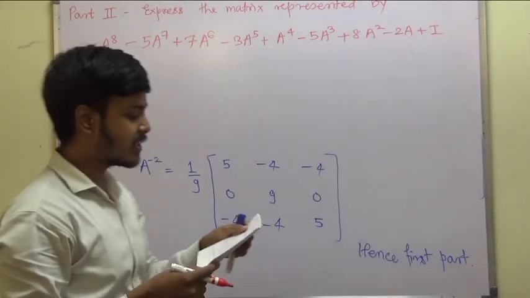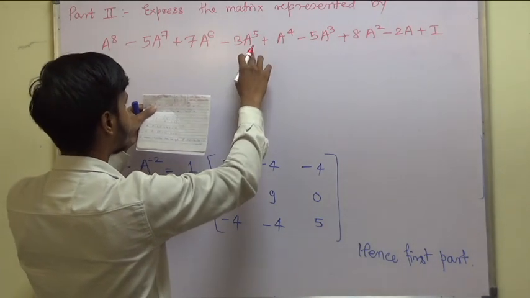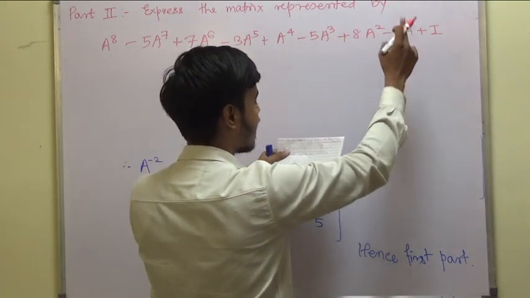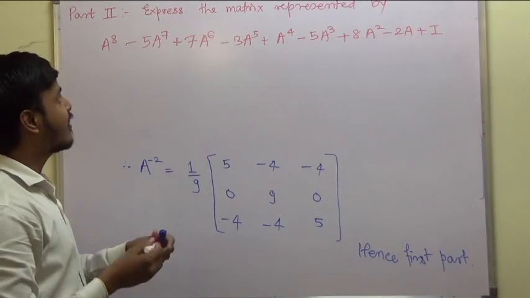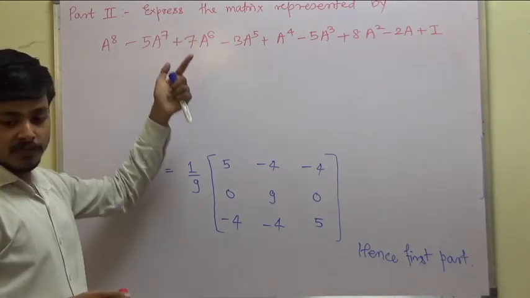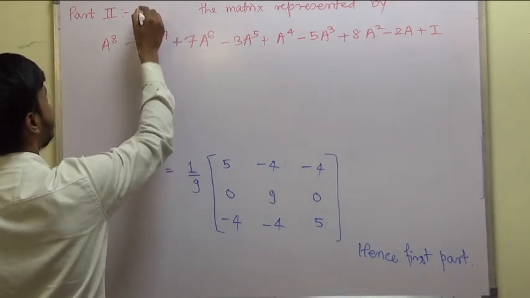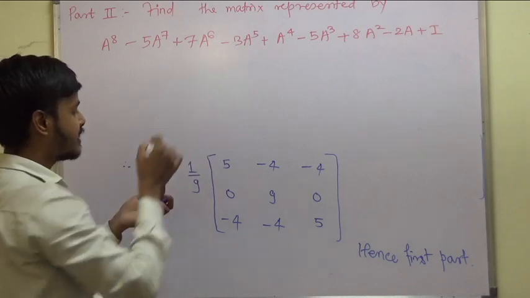So this is the matrix we have: A to the power 8 minus 5A to the power 7, 7A to the power 6 minus 3A to the power 5, A to the power 4, 5A cubed, 8A squared minus 2A plus I. Okay, now what we have to do is find the matrix, not just express, find the matrix represented by this.